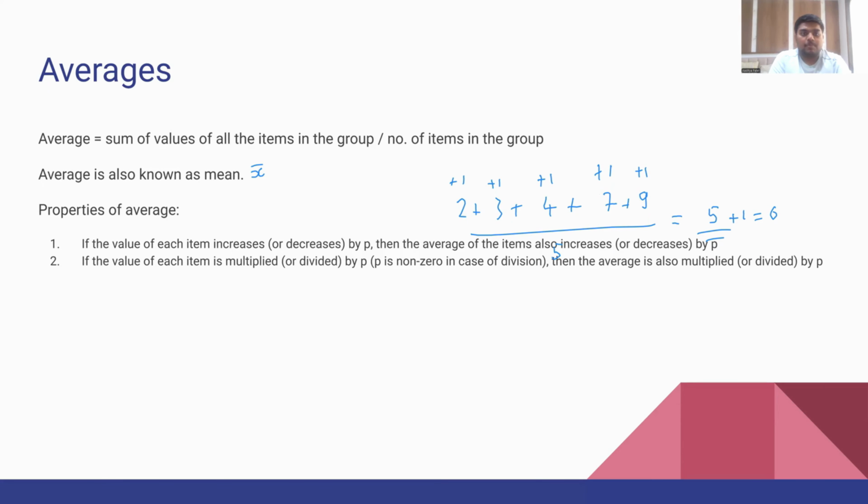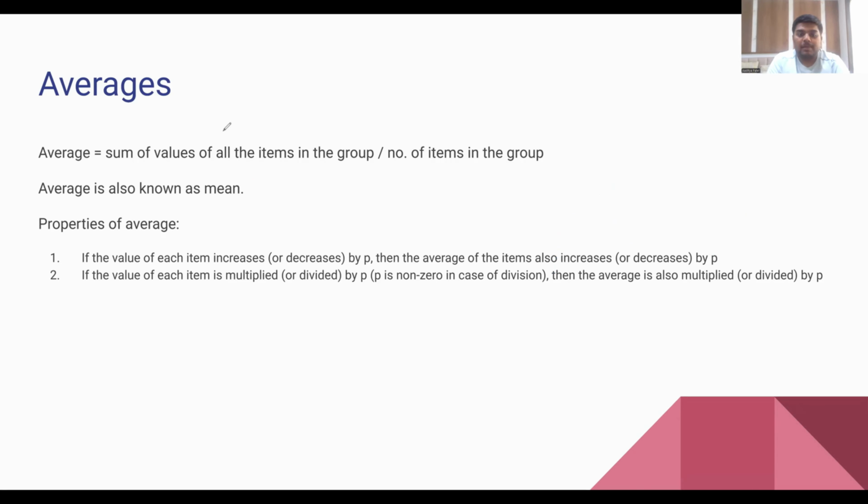Then the next property is, if the value of each item is multiplied or divided by p, non-zero in the case of division, then the average is also multiplied or divided by p. For example, we had seen the numbers 2, 3, 4, 7, and 9. Now, you just do a multiplication by 3.